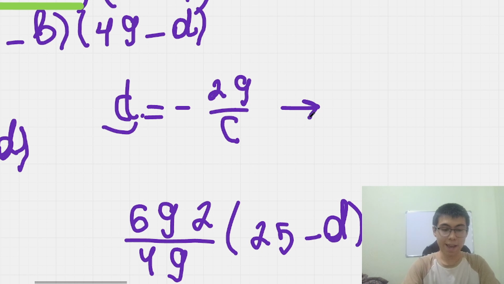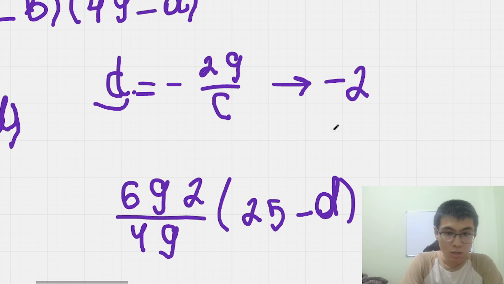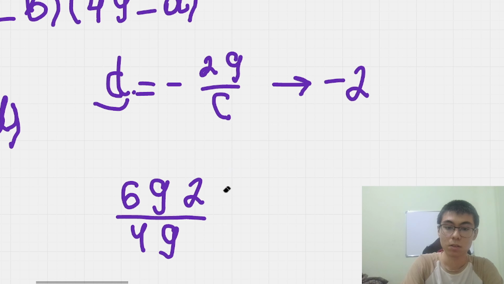Let me use my calculator for that. So we get minus 2. Here 25 minus, two negatives equal a positive, so we get 25 plus 2.